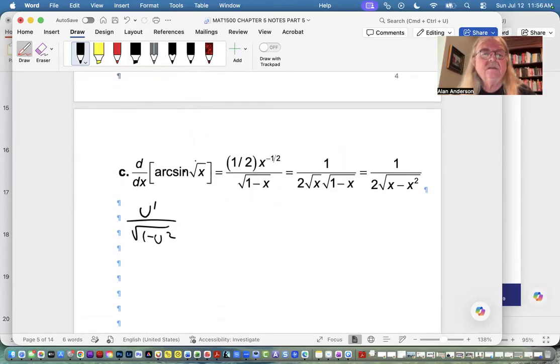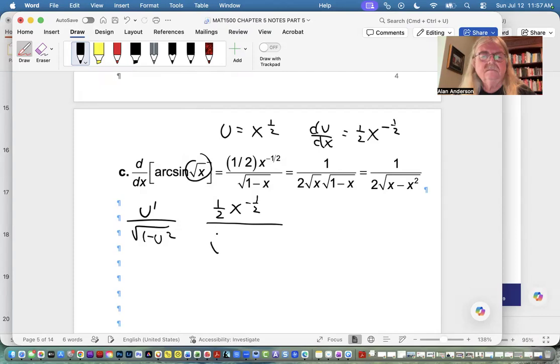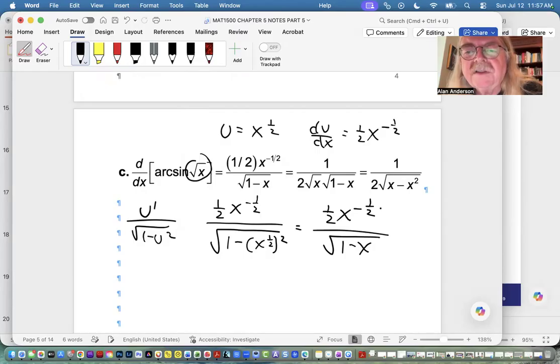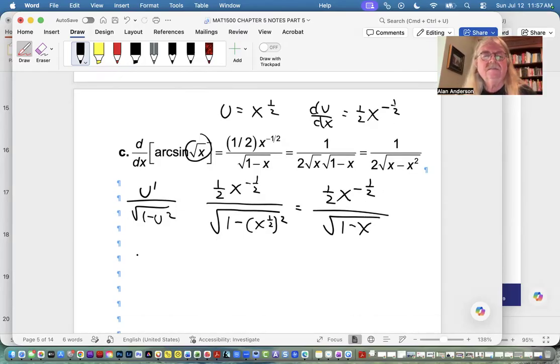So U, all right, so we're going to have, all right, so they've decided to go ahead and simplify it a little bit, and that's fine.